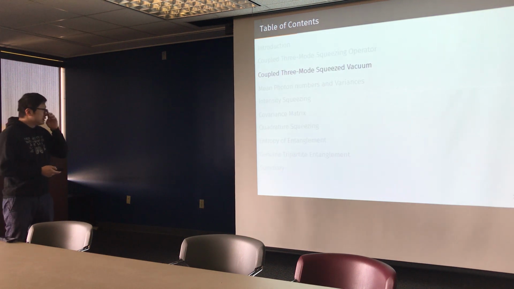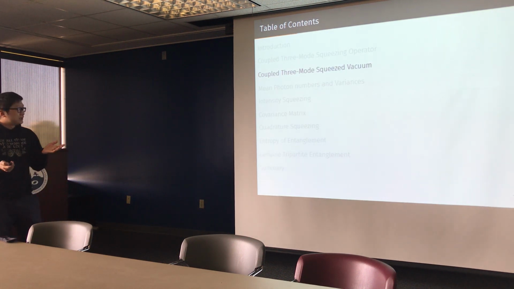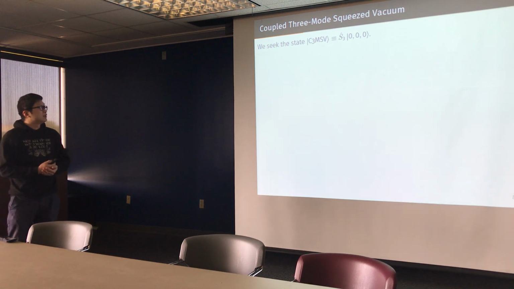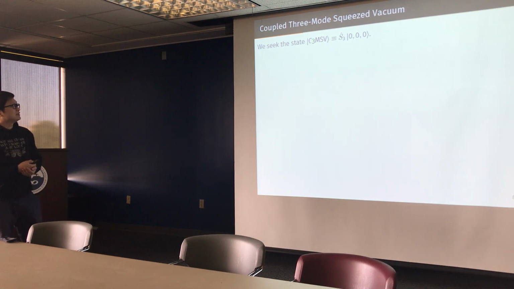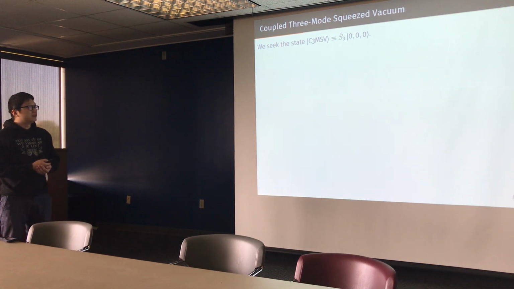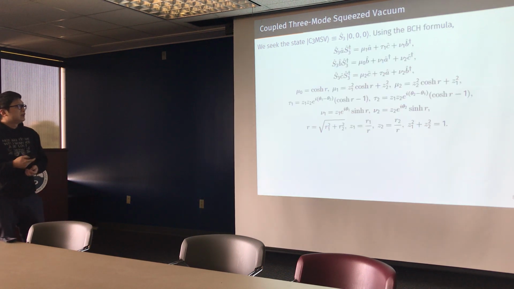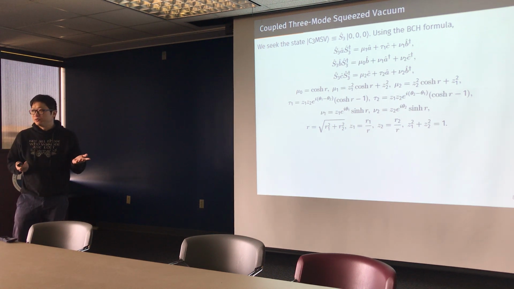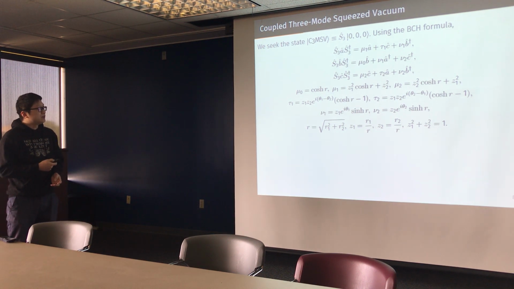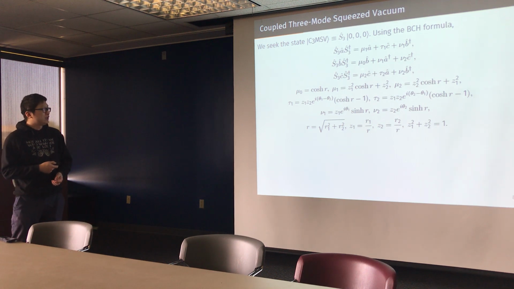Once we have the operator, the next part we want to do is solve for the coupled three-mode squeezed vacuum, which is the output state of that operator acting on vacuum inputs. This is what we want to obtain. First, we want to see how the operator transforms the different modes. We can obtain these using the BCH formula.